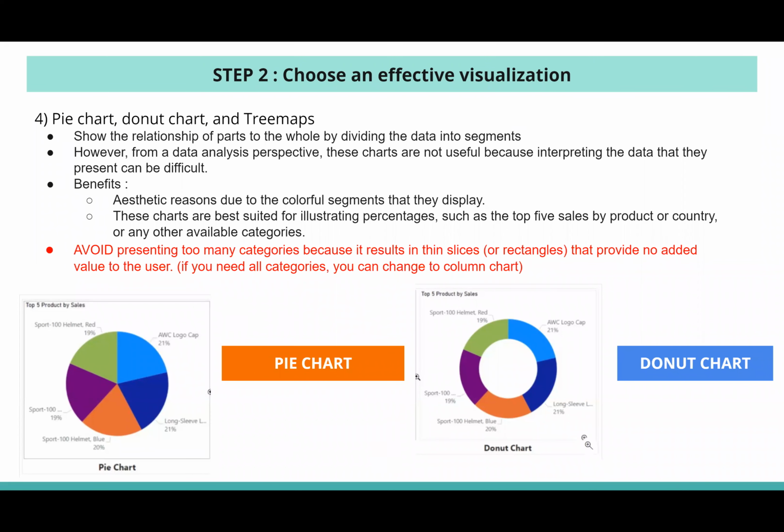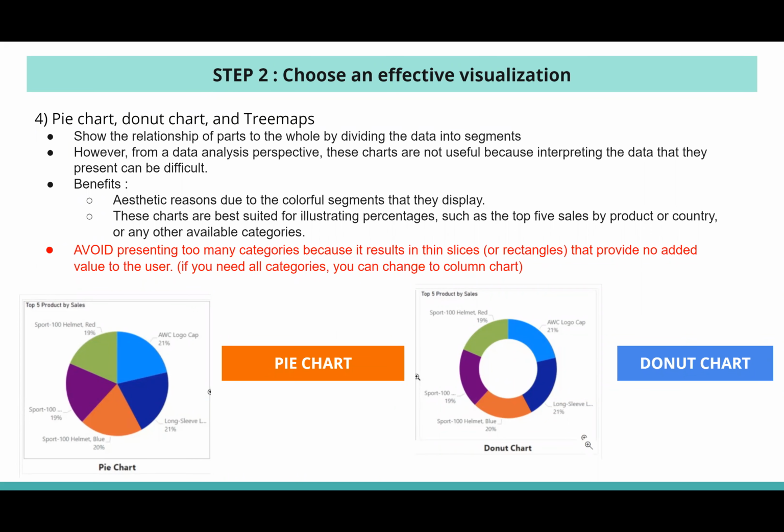But with this visualization, avoid using too many categories, because adding too many categories results in thin slices and looks less nice. For that, you could change the visualization back to a column chart.